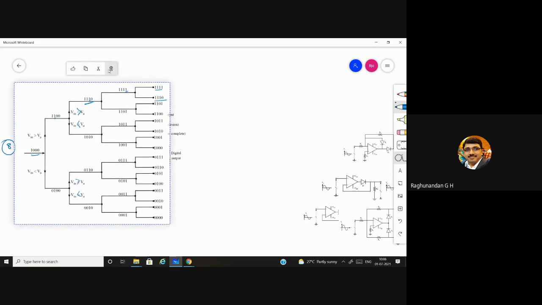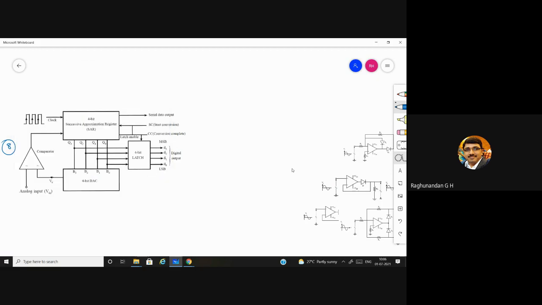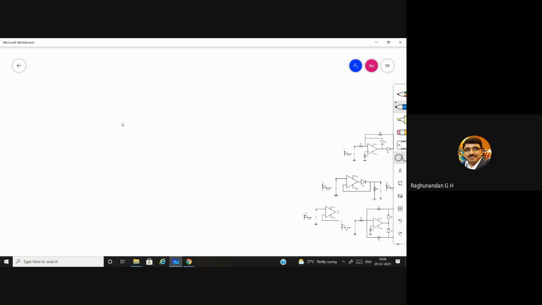So this is about the converters, A to D converters and D to A converters. Next is the precision rectifiers.